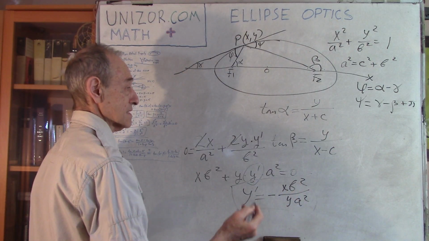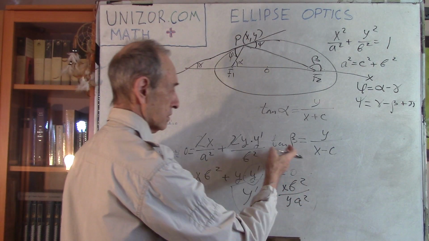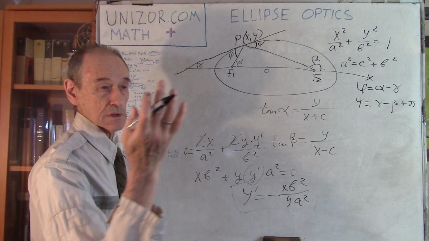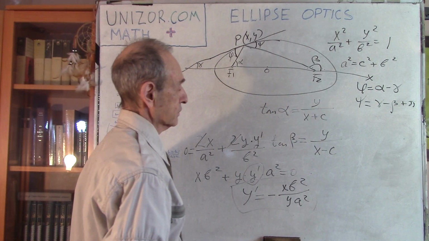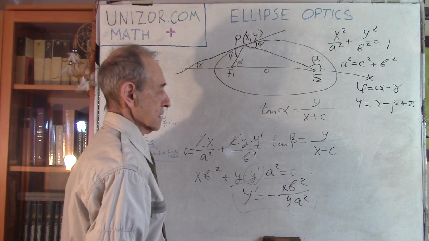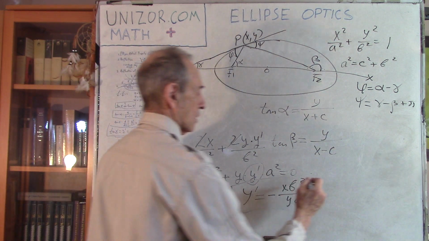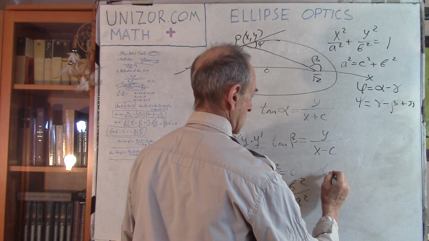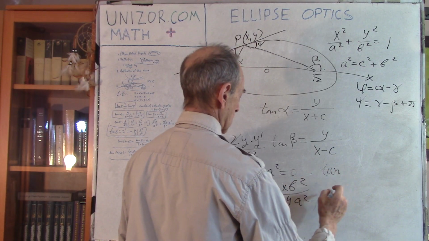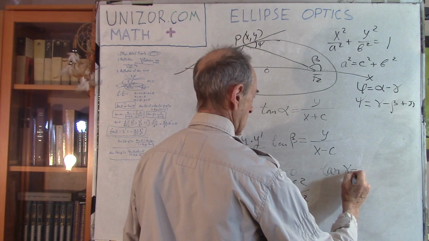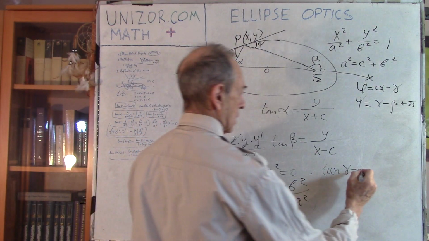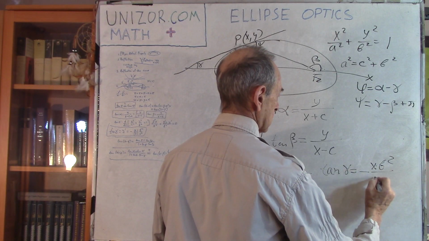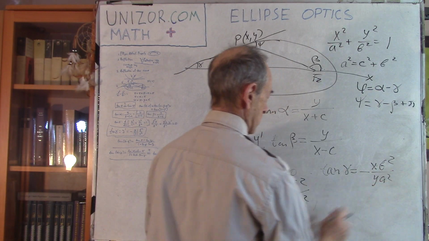And this is basically the same formula for tangent gamma, because the derivative and the tangent of the tangential line are the same. That's the known fact. So tangent gamma is equal to minus x b squared divided by y a squared.